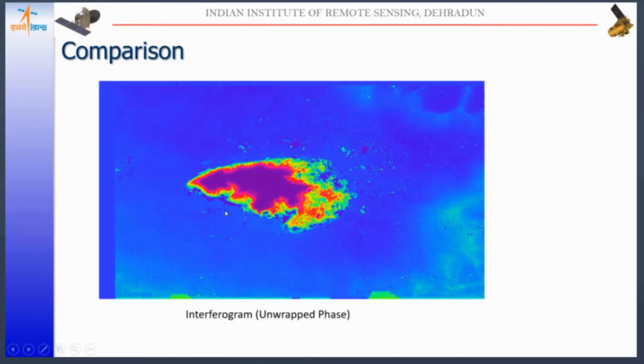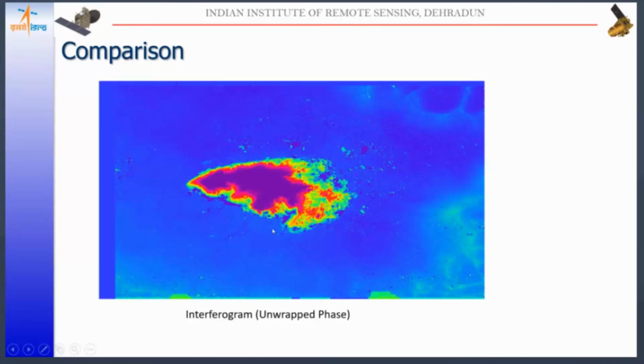After the flattened interferogram, we did the phase unwrapping, because the terrain surface values in the phase difference image are wrapped around 0 to 2 pi. All the values are wrapped between 0 and 2 pi, so they do not represent the original values. Then we unwrapped the phase, and that gives the actual values of the phase.